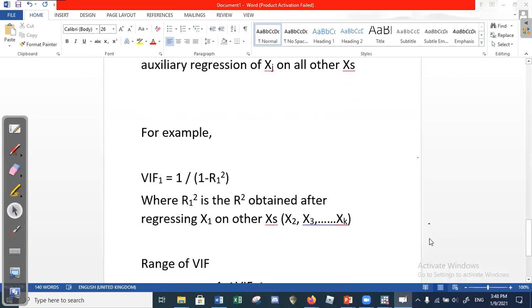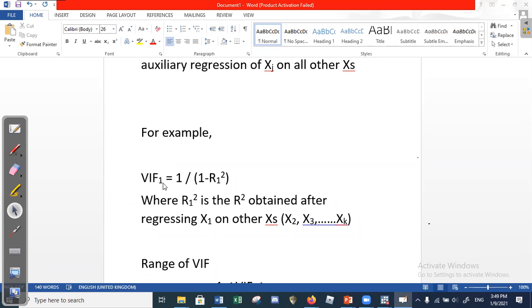for example, VIF1, when you are talking about x1, the first explanatory variable, you will be calculating. Keep in mind that there would be as many VIF values in our model as the number of explanatory variables in our model. If there are 2 explanatory variables, there will be 2 VIF values, if there are 3, there will be 3.